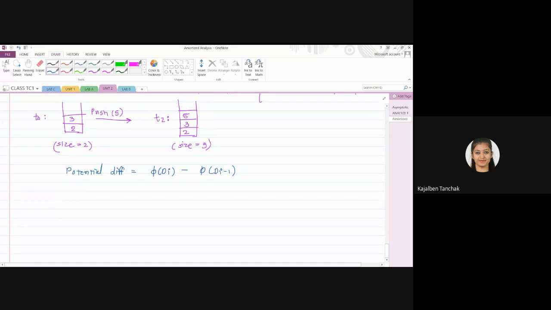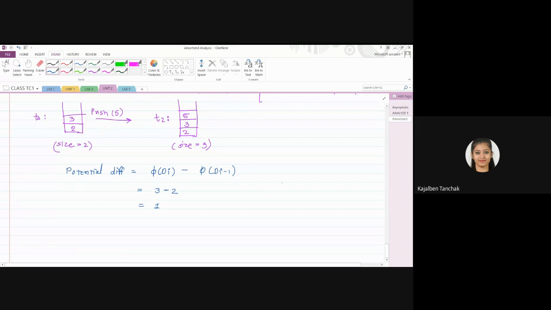Here we want to perform the push. After pushing, what will be the size of the stack? It is equal to 3. When we had not pushed, what was its size? Before performing the operation of push, what was the size of the stack? That was 2. So the difference is 1.